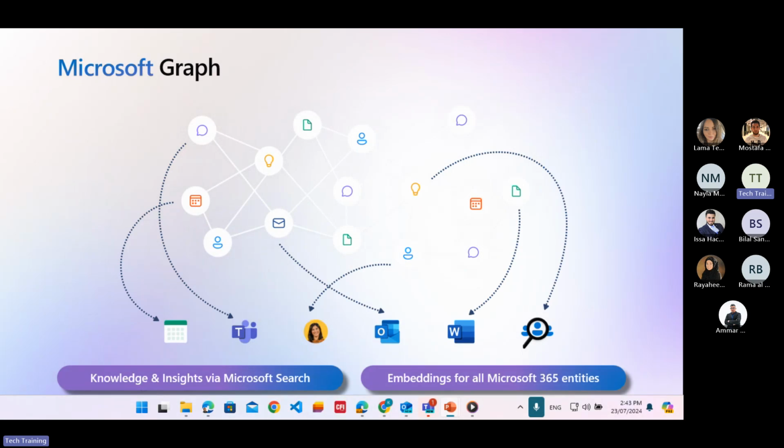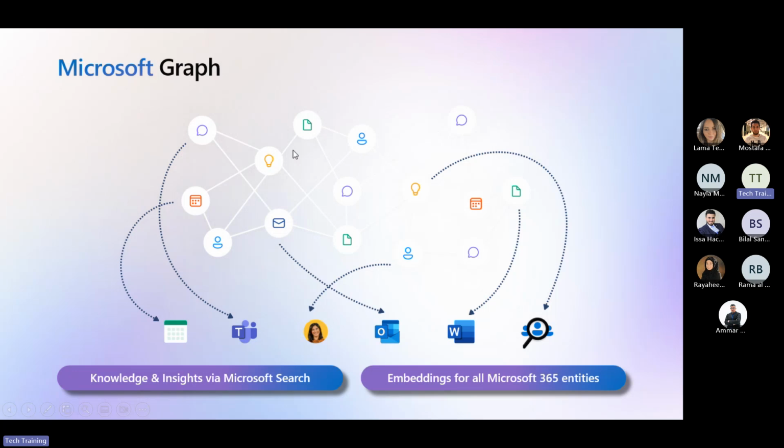So this is the Microsoft Graph. This is what I'm talking about. This is the graph that empowers Copilot to answer questions coming from our calendars, from Teams, from people, or from Viva, and here we have Outlook, Word, and even Microsoft Search.